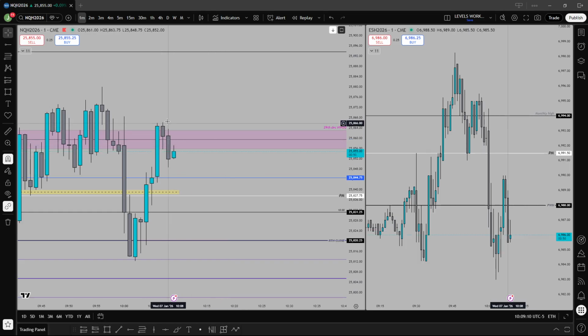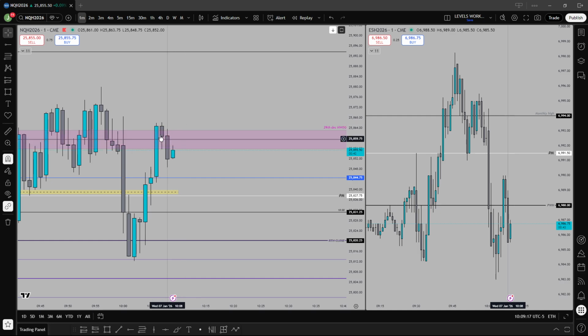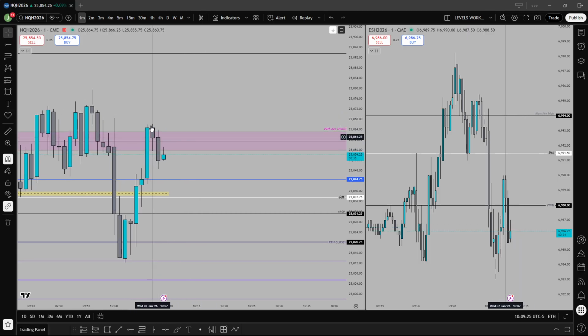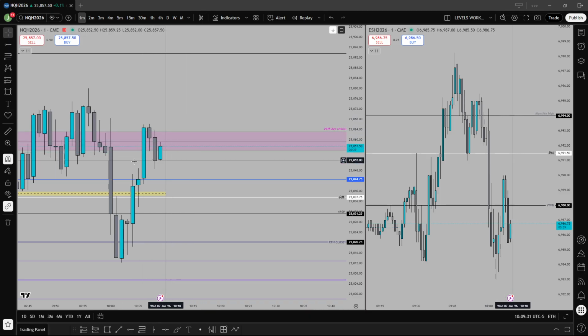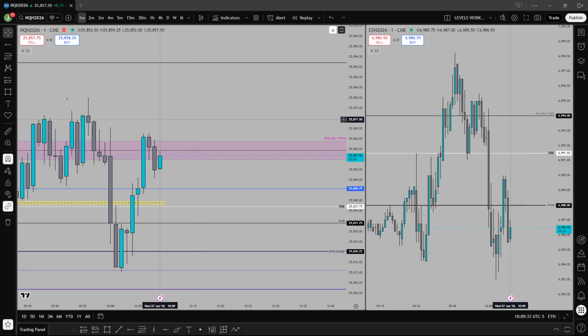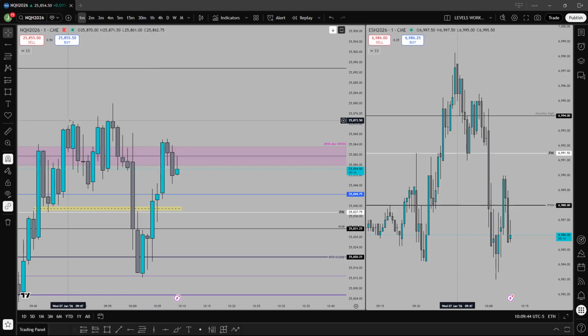If we take over this high and we close above this, if we are right, then this is gonna be a bullish order block, and if we close above this, then we can target this high using this bullish order block. SL could be below here, and then target could be this or the weekly high. As soon as the price pierces this high, we can go break even.